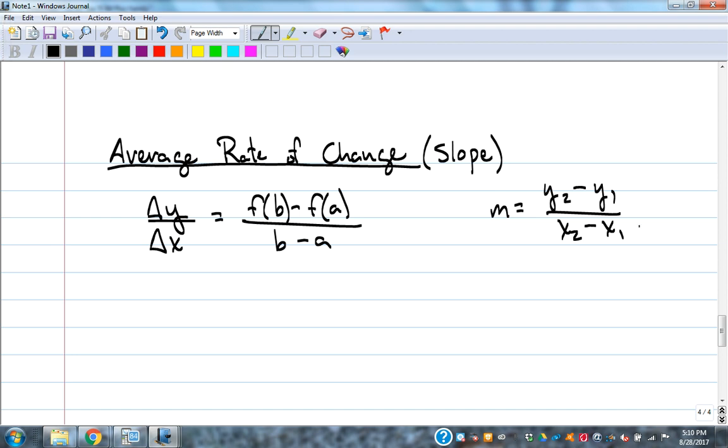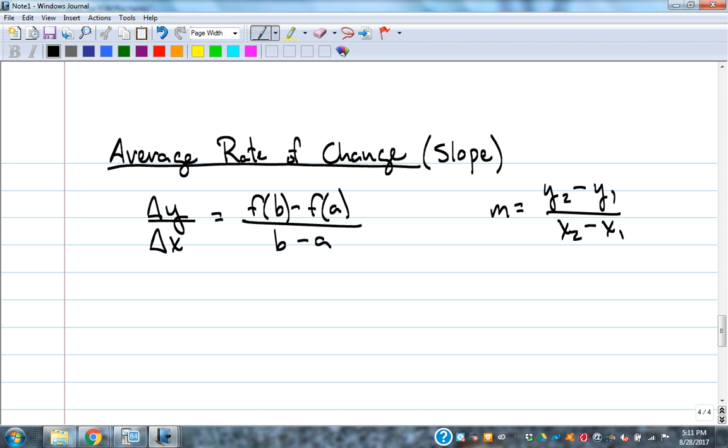It's the slope formula. This is the college algebra notation on the left, and this is the notation that makes better sense on the right, because that's the way you've seen it your entire life. So change in Y over change in X. That's all it is.